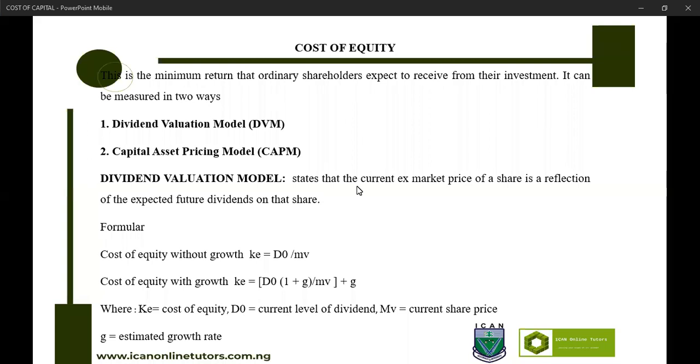And this can be measured in two ways. It's either with the use of the dividend valuation model or with the use of the capital asset pricing model, CAPM. These are the two methods that can be used to determine the cost of equity. So the first one is the dividend valuation model.